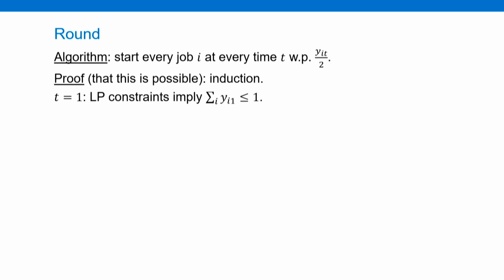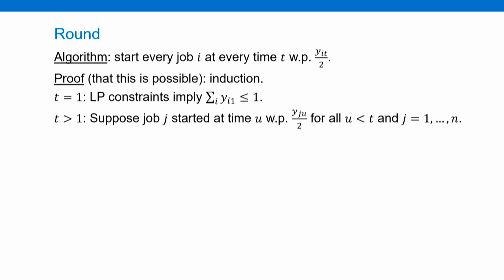So if I half the time do nothing, and half the time start a job according to this probability distribution, I'll successfully start every job i at time 1 with probability y_i1. Good. Now I'm going to suppose I did this for all previous time steps, and now consider a time t. This is my induction hypothesis.